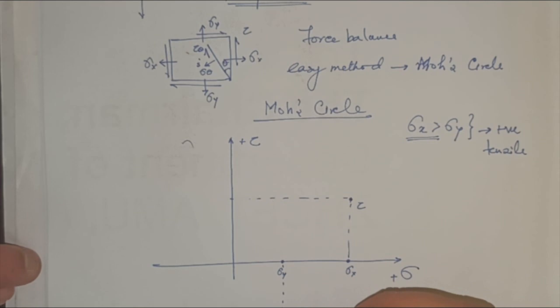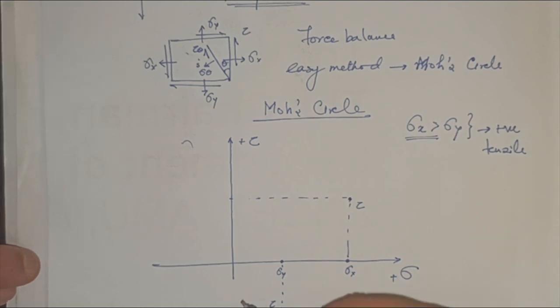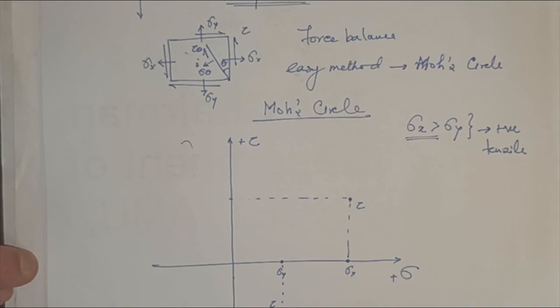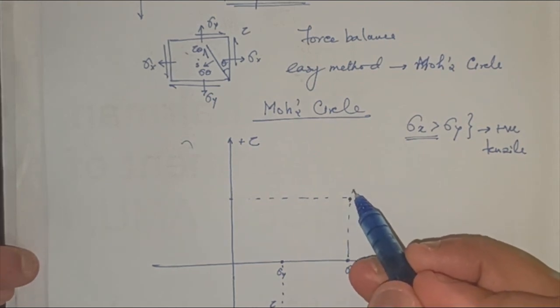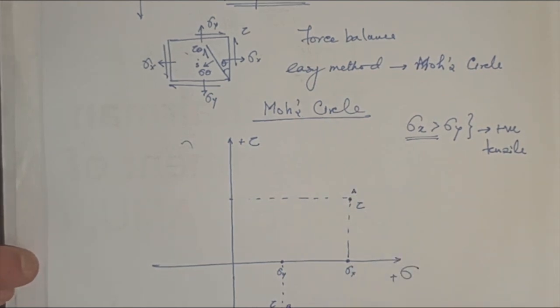Let's consider clockwise as negative. So we'll be getting 2 points. This point, let's say A, this point, let's say B.